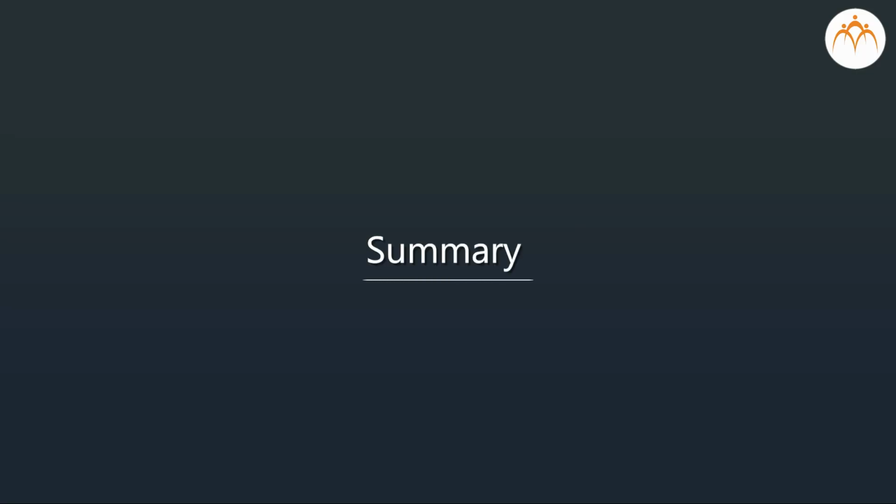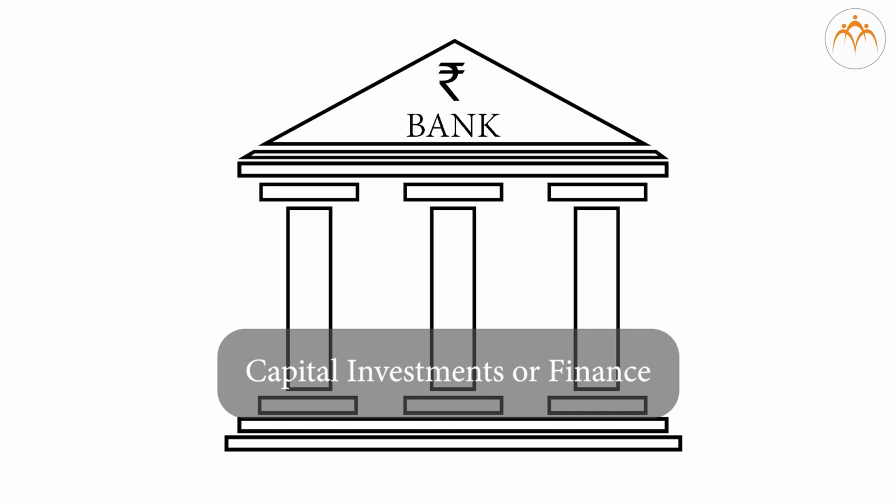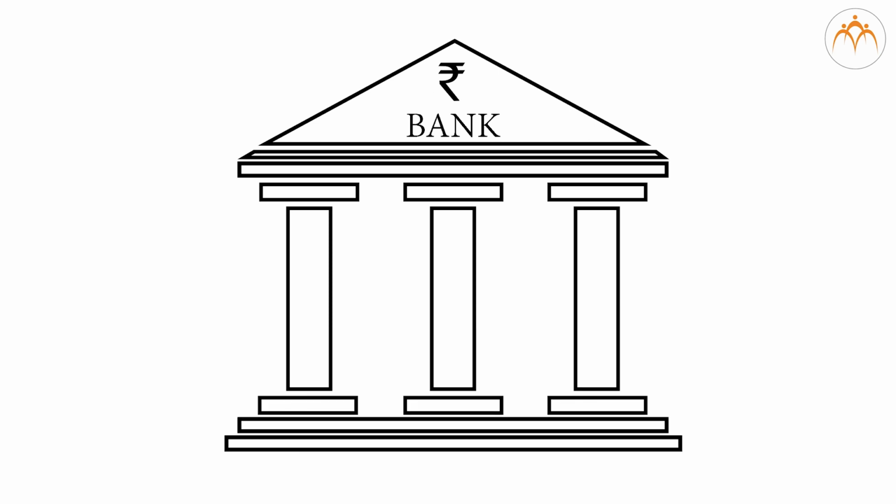Summary. In this session, we have discussed various factors that influence location and distribution of industries. These are as follows. Capital investment or finance is required for all the groundwork, construction, infrastructure and similar arrangements required to set up and run any industrial organization.